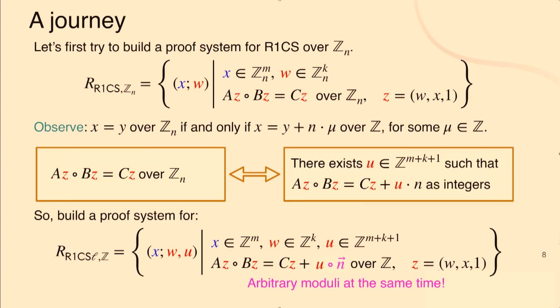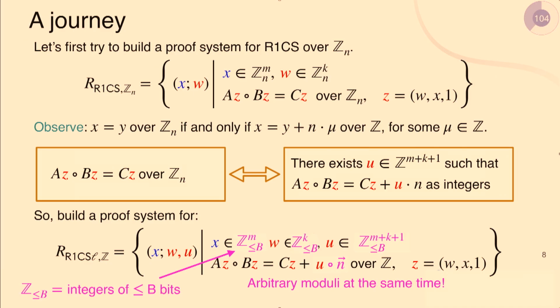If the next n is a prime, then the second equation of this constraint encodes an equation modulo that prime, and so on. So we have modular constraints for many moduli in the same relation. For technical reasons, we have to ask that the witnesses and instances have a bounded bit size. We have to put some bound. That's a technicality, but it's going to be 256 bits, for example, in practice.